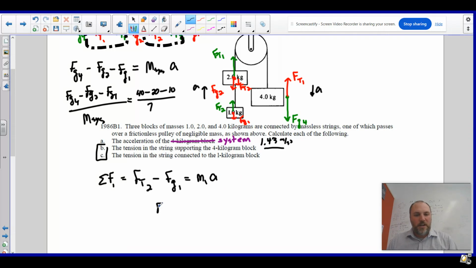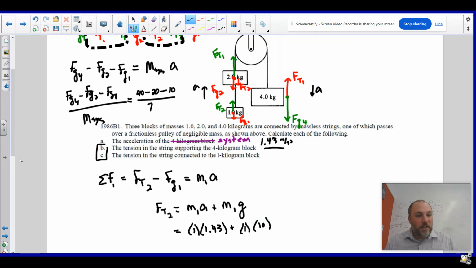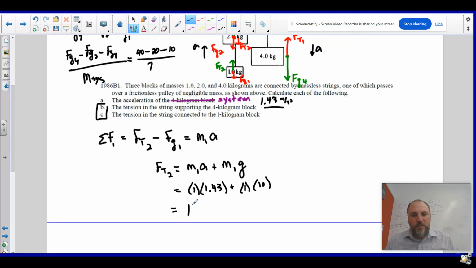So if I want to find Ft2, then I would just add Fg1 to the other side. So that's m1a plus, well, weight, or m1g. That will be my 1 kilogram times the acceleration 1.43, plus the mass, again 1 kilogram, times 10. I can do that one in my head. It looks like it's about 11.43 newtons.